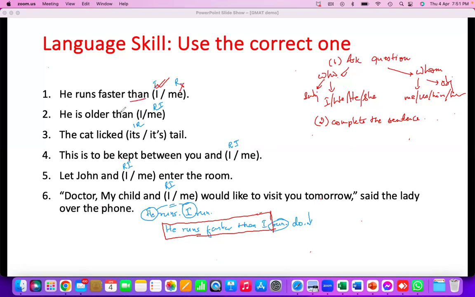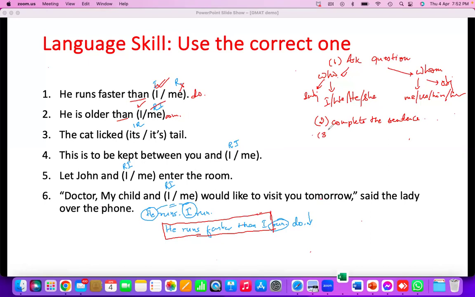Both are comparison sentences, right? He is older than I is correct. Me is incorrect. Clear? Okay. So here, if you complete the sentence, he runs faster than I do. We have already seen. This becomes he is older than I am. Me am will not work. You know that.